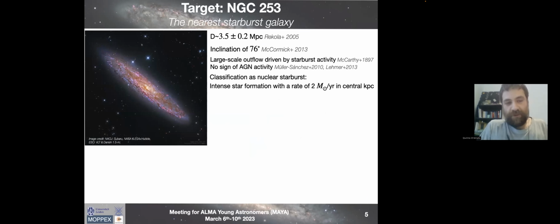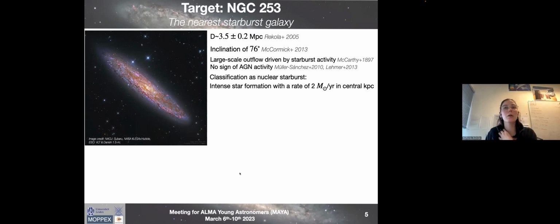I don't know if there are similar studies in our galaxy that could reach higher physical resolution, and what is the advantage of studying this kind of object with respect to the molecular clouds that you can find in our galaxy.